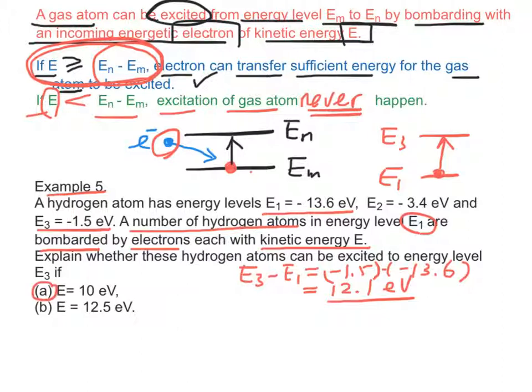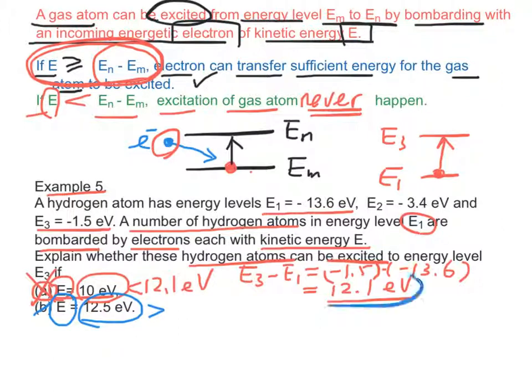For part A, since the kinetic energy of the electrons is only 10 eV, which is smaller than 12.1 eV, therefore, excitation of hydrogen atoms is impossible. For part B, the incoming kinetic energy of the electrons is 12.5 eV, which is greater than 12.1 eV.